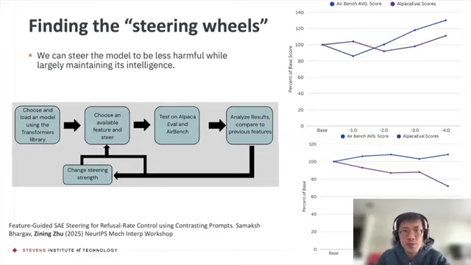There is another type of steering wheel. It's called sparse autoencoders. Sparse autoencoder features are recombinations of the representation's individual dimensions. But there are a lot of sparse autoencoder features. We figured out methods to find the correct steering wheels, the correct sparse autoencoder features.